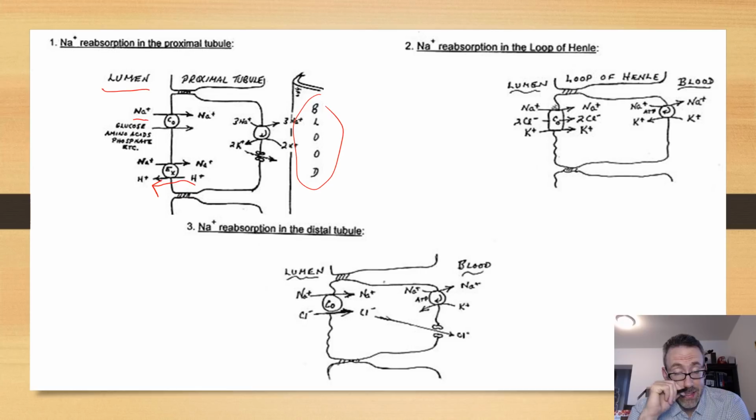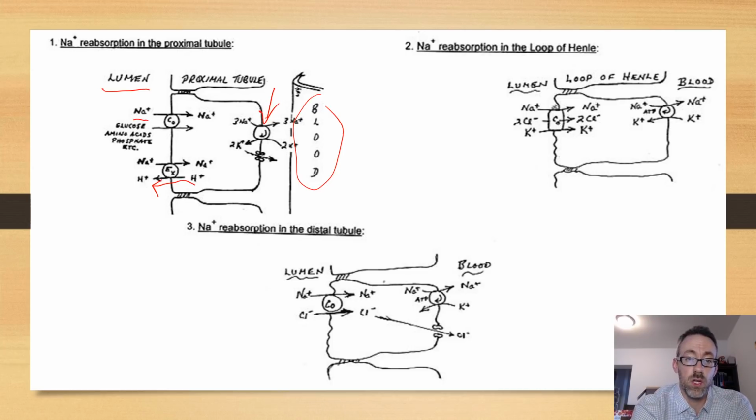Now, as sodium moves inside those proximal tubule cells, it will start to accumulate and we won't have as much driving force for sodium to move inside the cell. So to help counter that issue, we have, on what we call the basolateral sides, the sides of the cells that face the interstitium and the capillaries, the sodium-potassium pump.